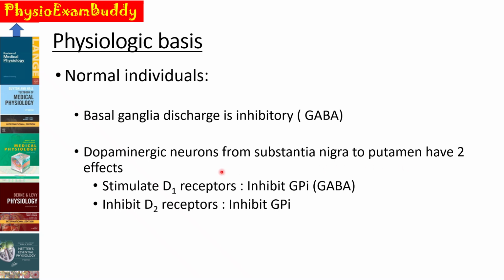That is, this dopamine will bind to the D1 receptors and it will cause stimulation of the D1 receptors. And this will inhibit the internal segment of the GPI, which usually produces GABA. And the dopaminergic neurons also inhibit the D2 receptors, and this D2 receptor inhibition also will produce inhibition of the internal segment of the globus pallidus.